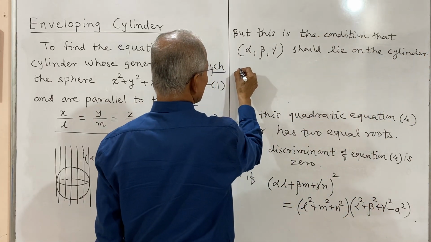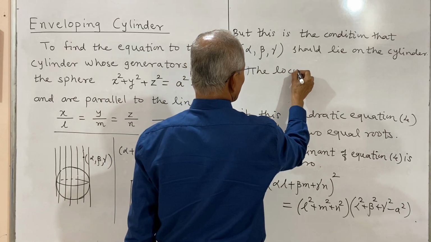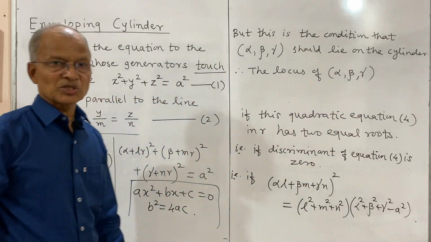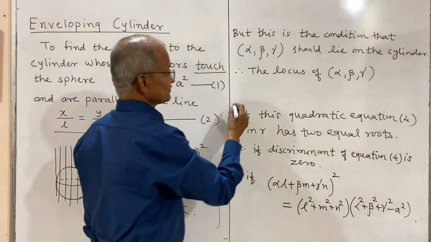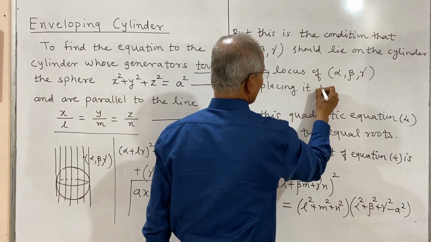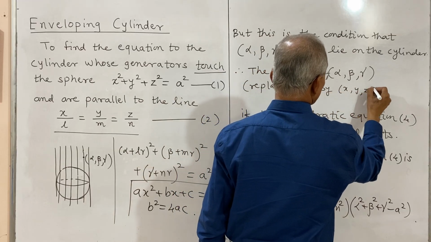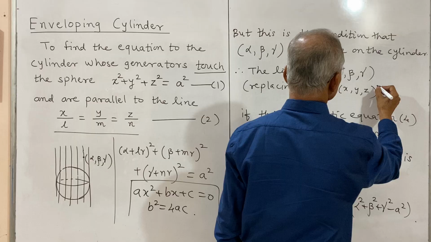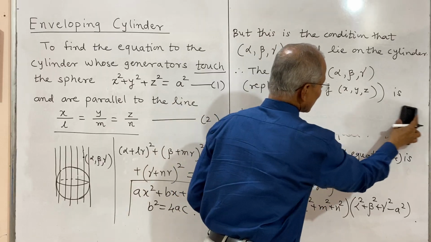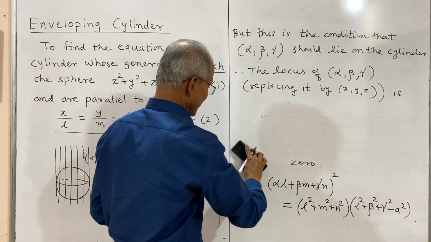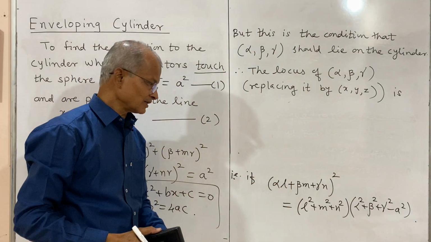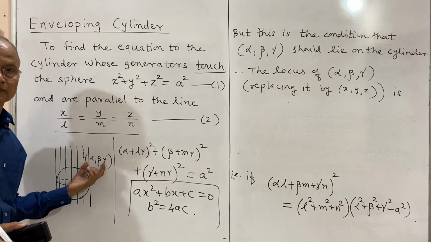And therefore the locus of the point alpha, beta, gamma, replacing it by the general point x, y, z, is obtained as follows. In this equation we replace the values of alpha, beta, gamma by x, y, z. So alpha is replaced by x, beta by y, and gamma by z, because this is any arbitrary point.